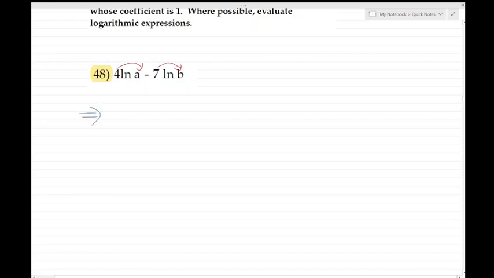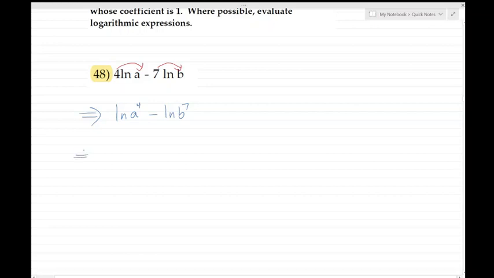So this is going to look like ln of a to the power 4 minus ln of b to the power 7. First step. Then notice that there is a minus between the two logarithms, which actually have the same base. They're the same logarithm.